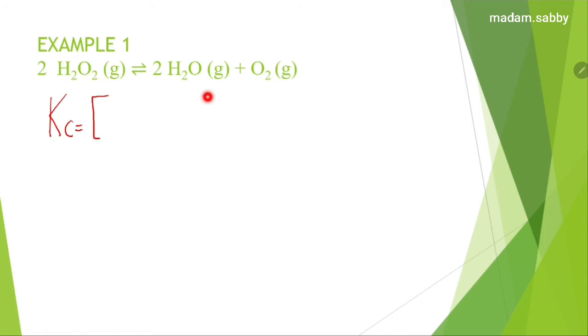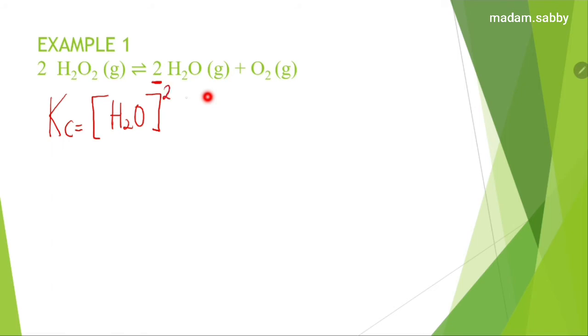In the top, I'm going to write down my product first, H2O, in square brackets. The square bracket represents concentration. Since my water vapor has a stoichiometric coefficient of 2, I put 2 as the power.